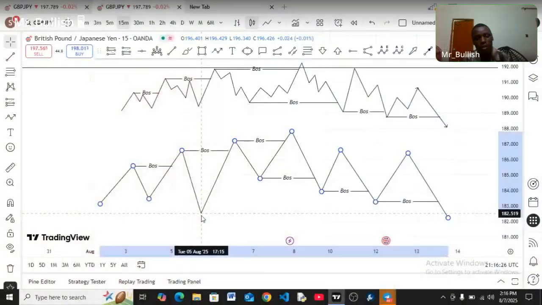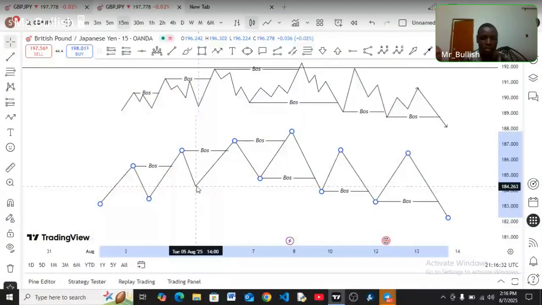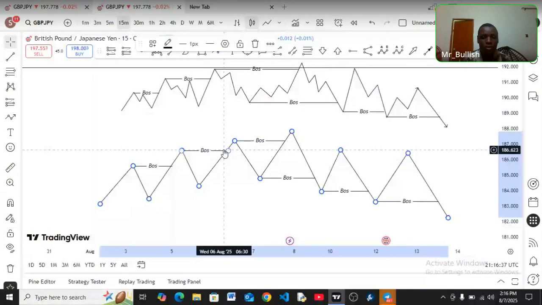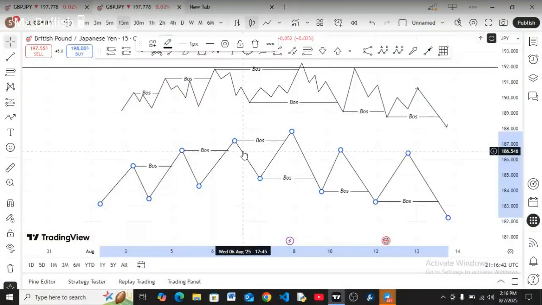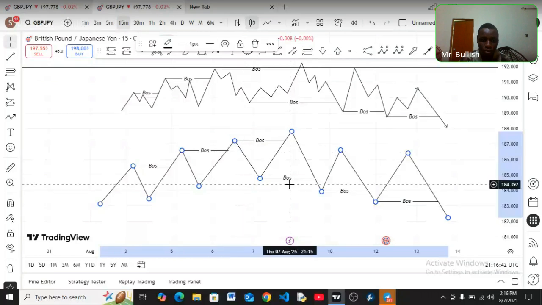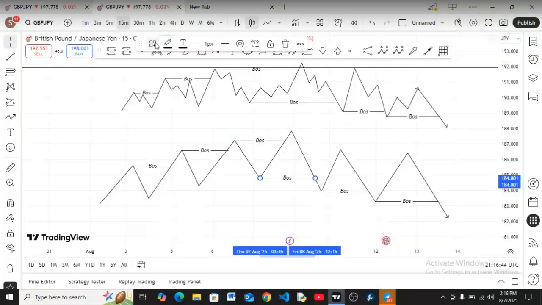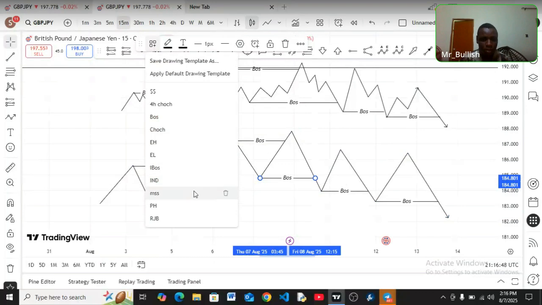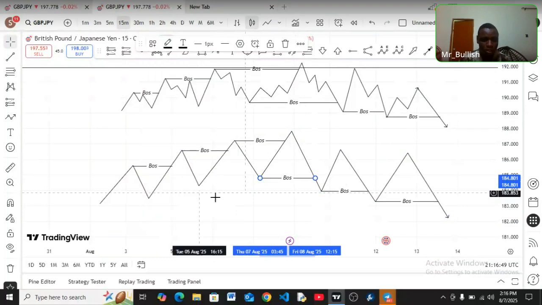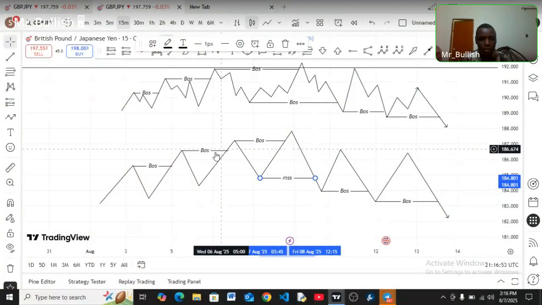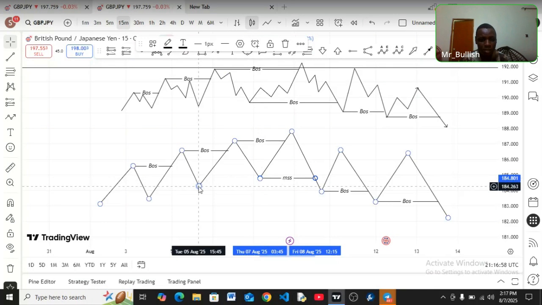But the market couldn't break below, and it broke above again, creating another break of structure. Oh, there was a mistake here. That's not a break of structure. Then it broke above again and did the same retracement, failing to break below this other region.